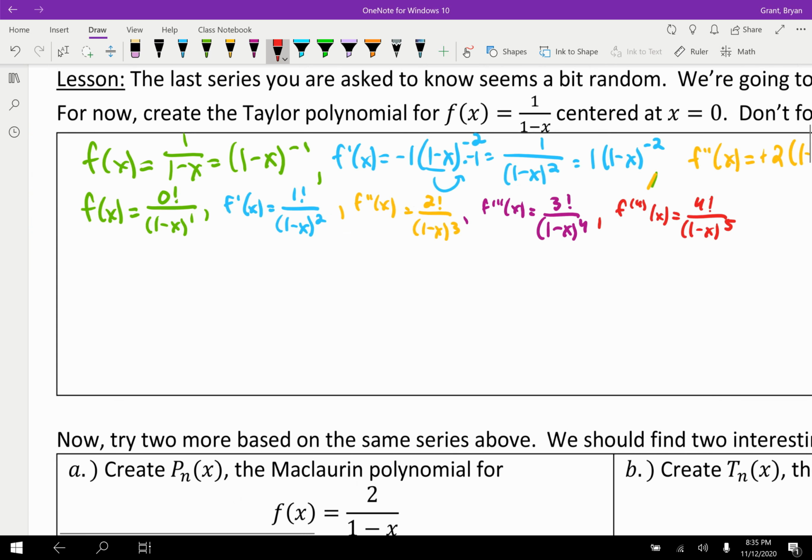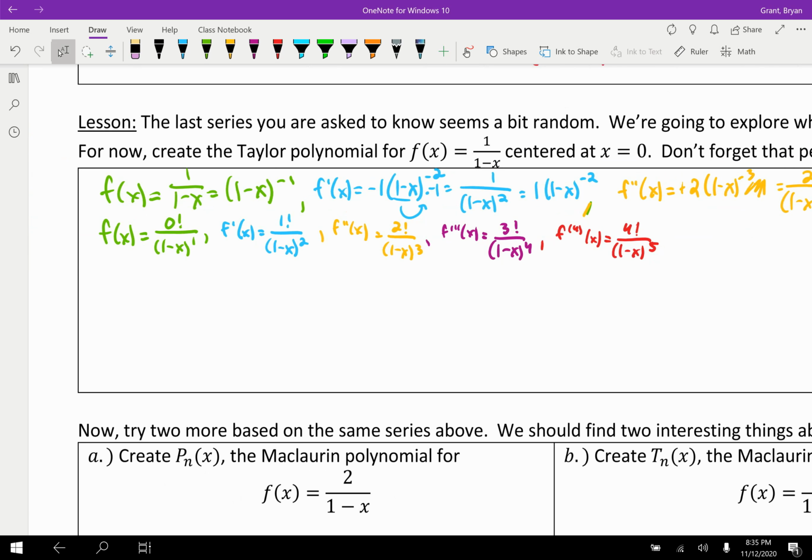Cool. And if we wanted to go out further, we could. It's pretty easy once we have the pattern, but let's go ahead and actually write this Taylor polynomial, Maclaurin series. Is there a color I haven't used yet? Not really, so we can go with black. So 1 over 1 minus x is going to equal, and then our normal pattern: f of 0 over 0 factorial, x minus 0 to the 0th, f prime of 0 over 1 factorial times x minus 0 to the first.